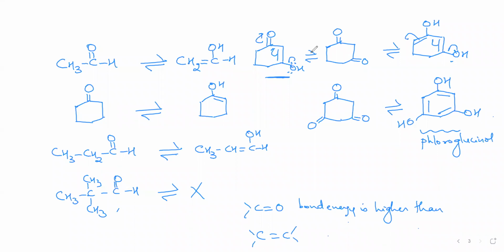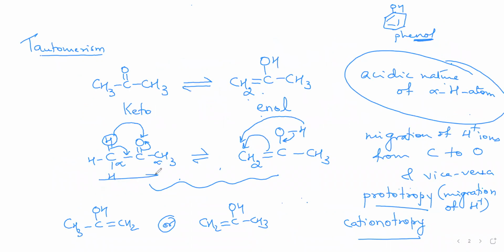Okay. Now, as I've said, keto form usually predominates over the enol form because in keto form, the C double bond O bond energy is higher than C double bond C. That means अगर ये compound लिया मैंने तो इसमें keto form more than 98% होगा और enol form almost less than 2%.